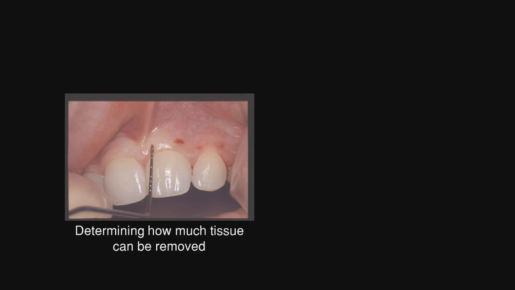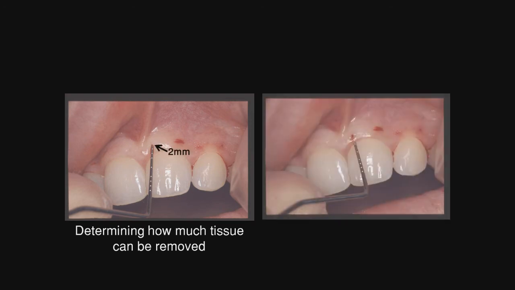This is probably the most important slide that I'm going to show you, and that is showing how much tissue can be removed. If you will note here, we would like to remove about 2 millimeters of tissue. And if we look here, you can see where the bleeding point is, 2 millimeters, but look where the probe is. It probes 2.5.